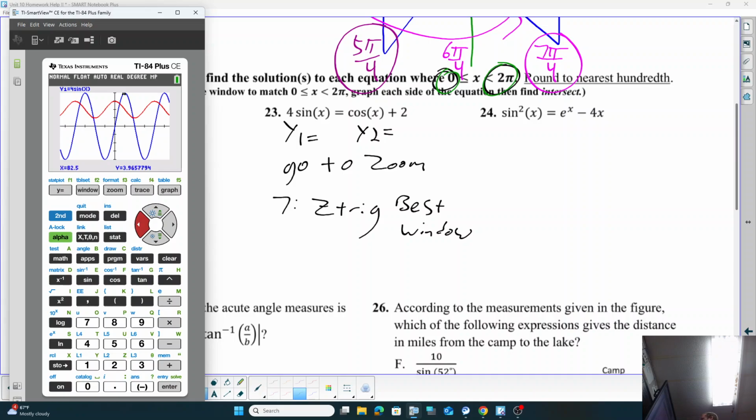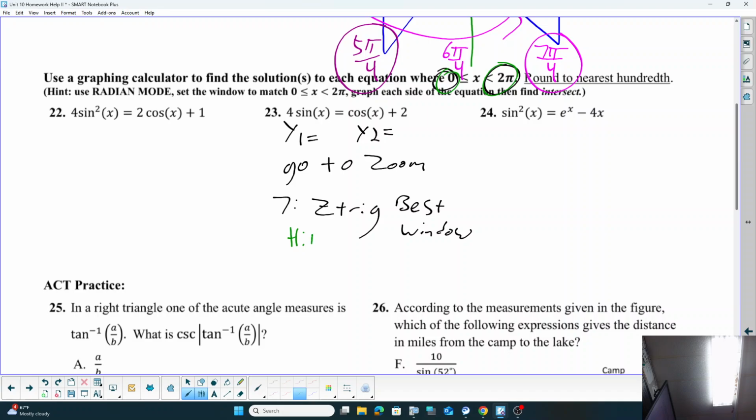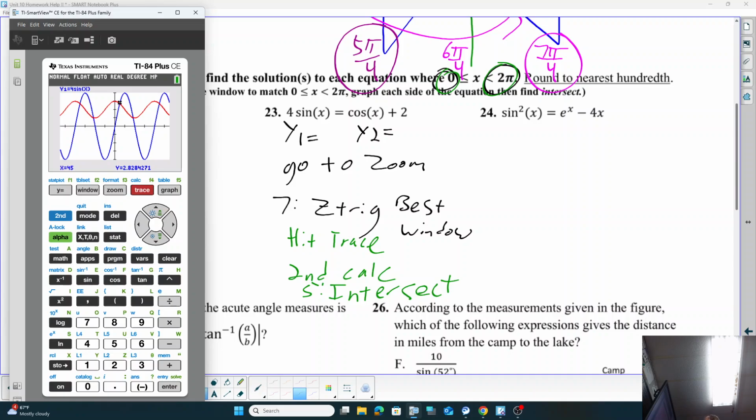Okay, so we go back here, and we're now going to do our intersection, right? We're hitting trace to do that. Then you're going to hit second calc and do the intersect feature, which is option 5.